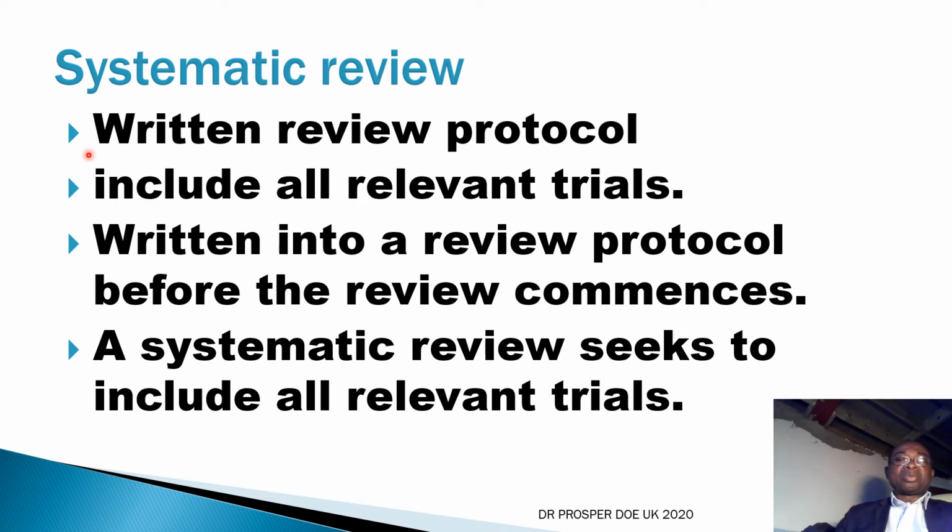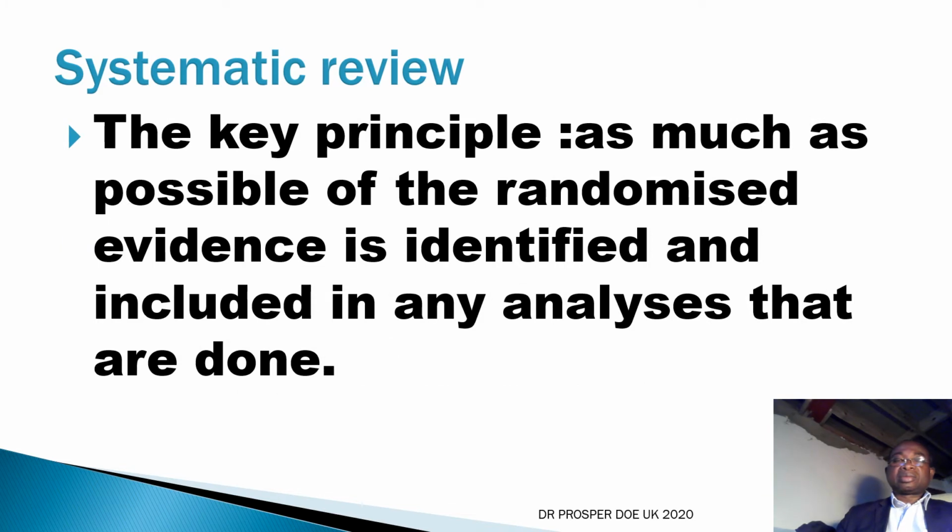There's a written review protocol which is prepared before the review commences. A systematic review seeks to include all relevant trials. The key principle is that as much as possible of the randomized evidence is identified and included in any analyses that are done.